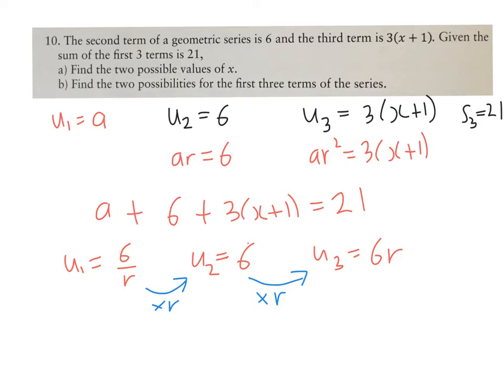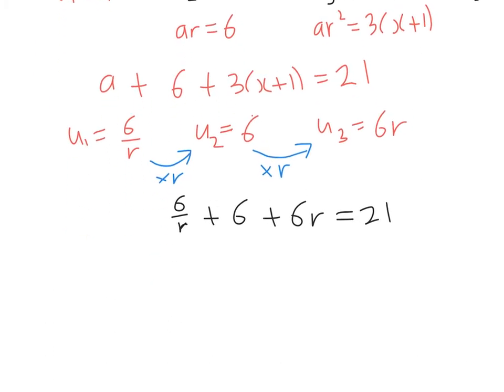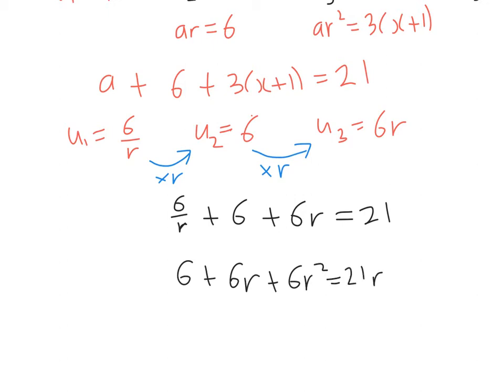So instead of getting bogged down with all this stuff, we need to go back to the basics and say that the first term plus the second term plus the third term equals 21. I would multiply everything by r, so 6 plus 6r plus 6r squared equals 21r.